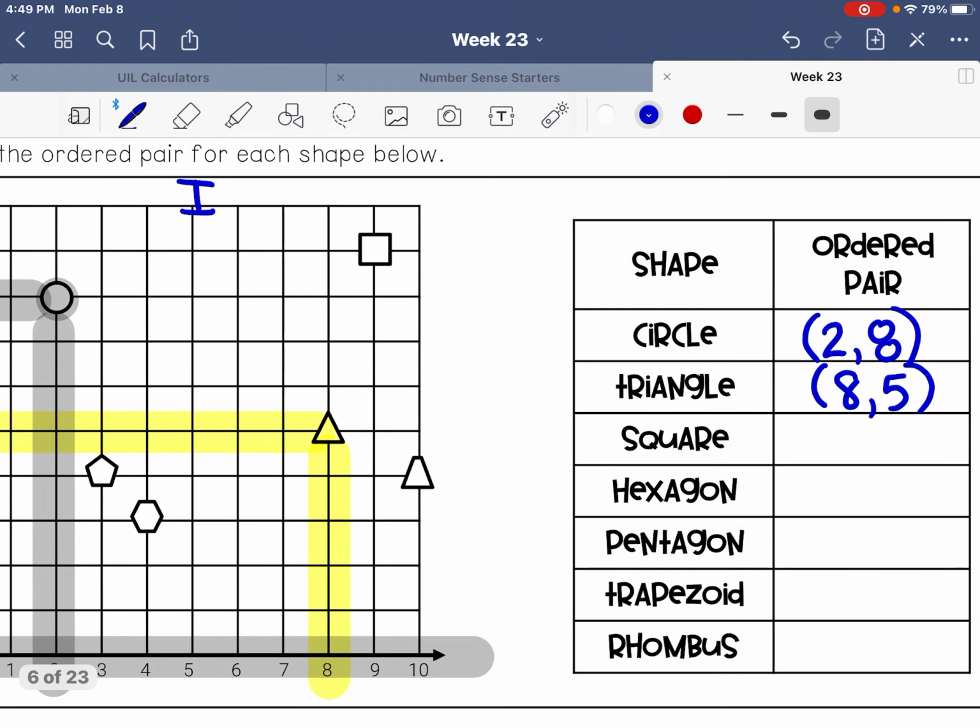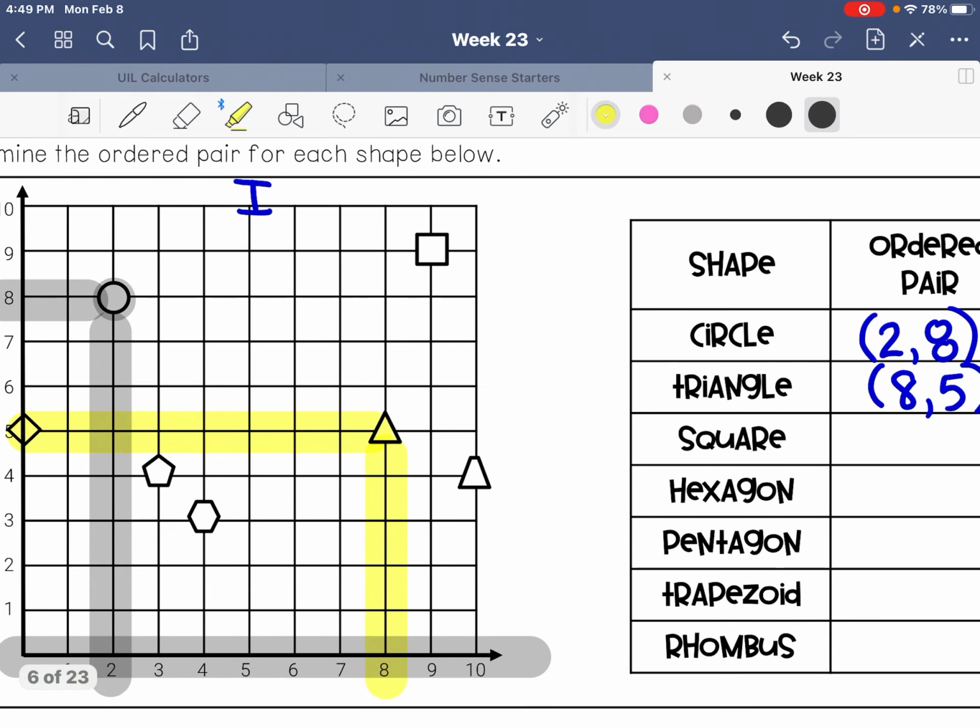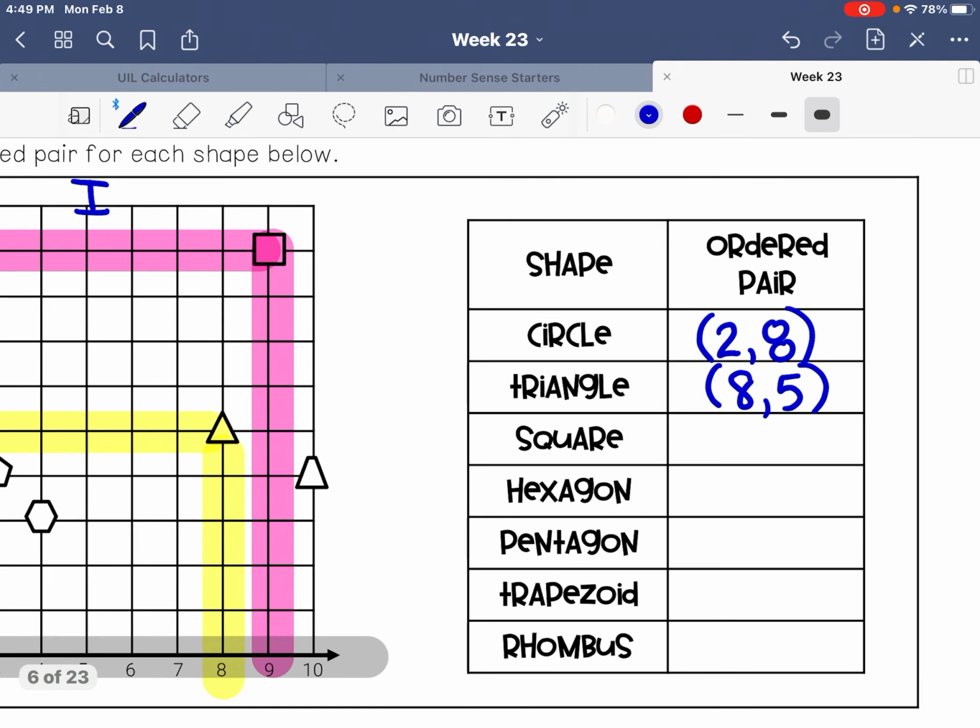If you don't put the parentheses around it, it's just 2 numbers. It has to have the parentheses. Now we go to the square. The square is up here, and on the x-axis, it's located at 9, and also on the y-axis it is located at 9. We couldn't get this wrong if we tried because both the x and the y are 9.